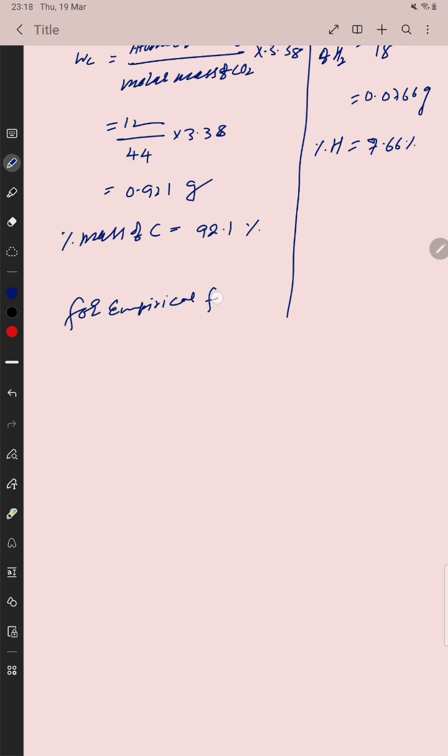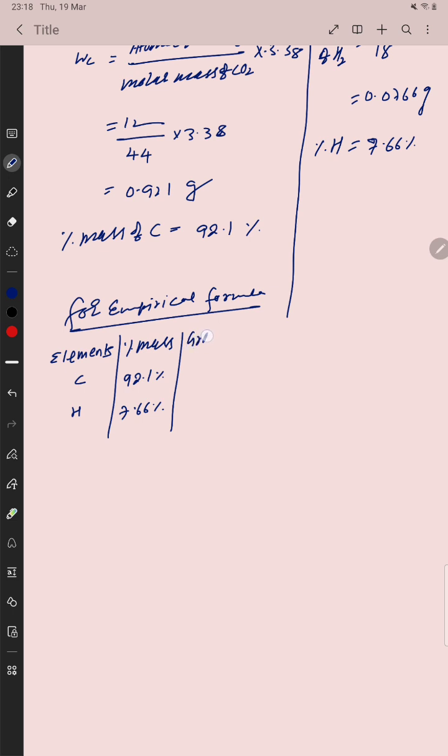How to solve this one, students? Firstly see the elements. What are the elements there? Carbon and hydrogen. Percentage mass: carbon 92.1 percentage, hydrogen 7.66 percentage.